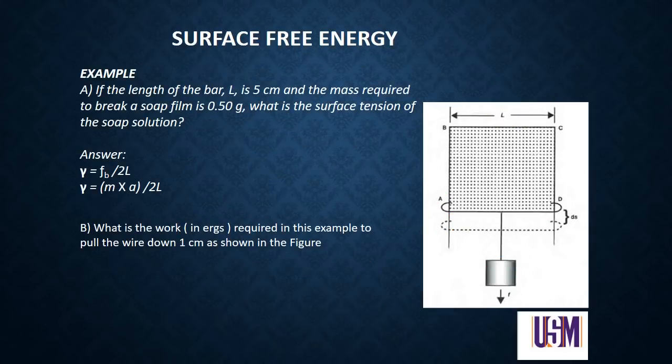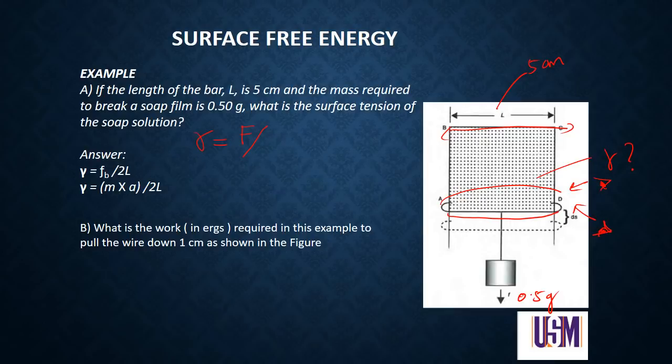Now let us look at this example. If the length of the bar L, which is here, is 5 cm and the mass required to break a soap film is 0.5 gram, what is the surface tension of the soap solution? If you still remember our previous slide, the surface tension can be determined by using the force per unit length, and here the length will be the one in front and the one behind, because there are two surfaces.